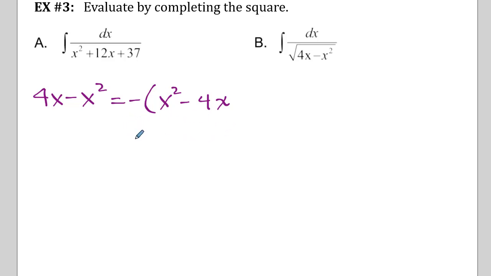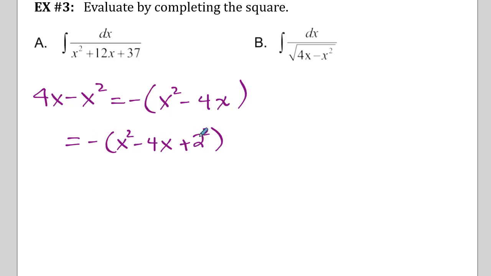Now I can complete the square. This is going to be minus x squared minus 4x. I take half of that coefficient and square it, so that's plus 2 squared. However, even though we said plus right here, we have to remember that it's impacted by this minus sign outside of the parentheses.